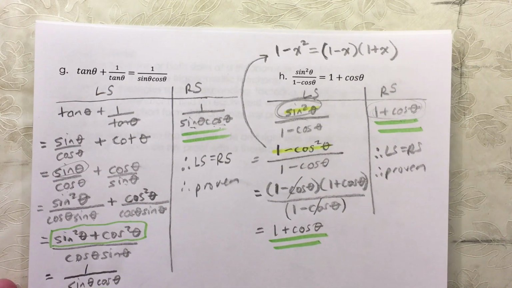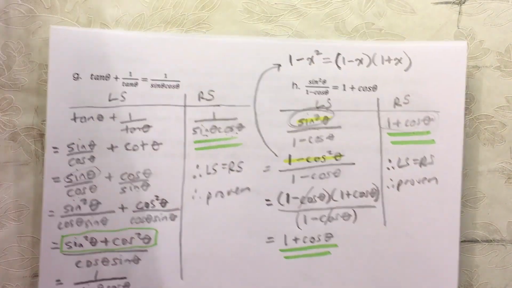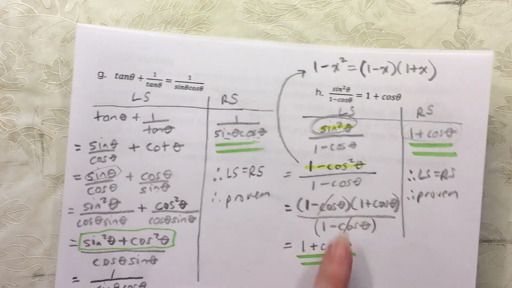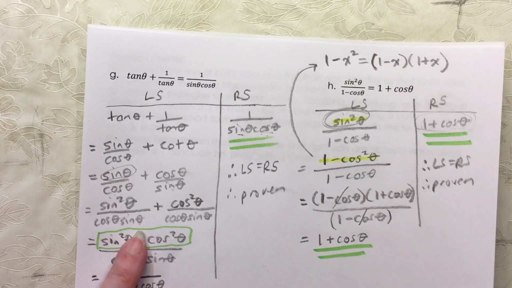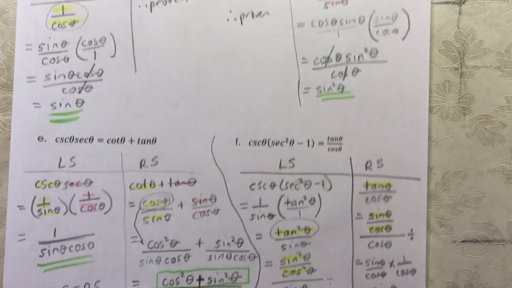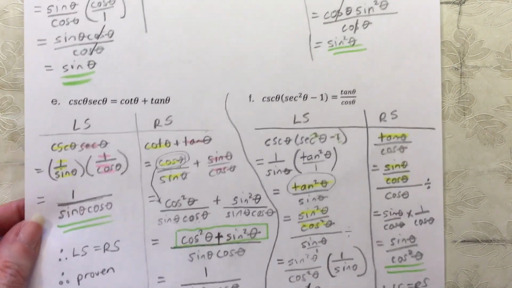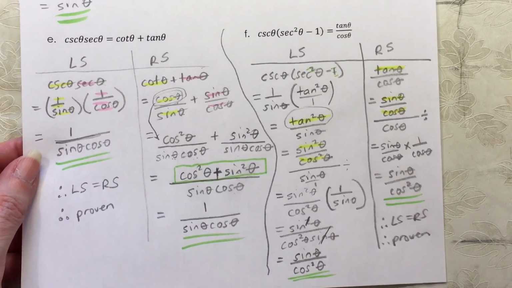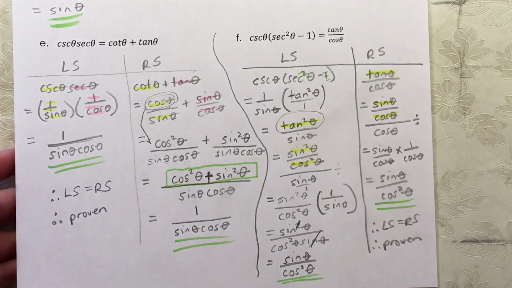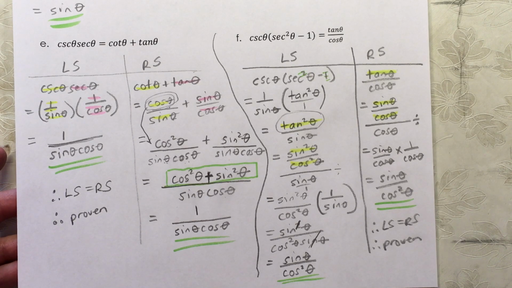So far, strategies that have helped us if we look backwards: factoring, finding a common denominator, and in these cases we've been using identities as well. Just operations like multiplying and dividing fractions have been really important, along with identities.